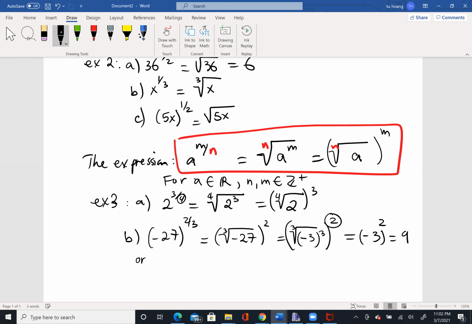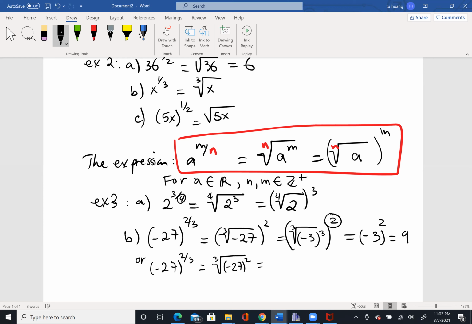Or you can rewrite it another way: negative 27 to the power 2 over 3 equals the cube root of negative 27 to the power 2, right?